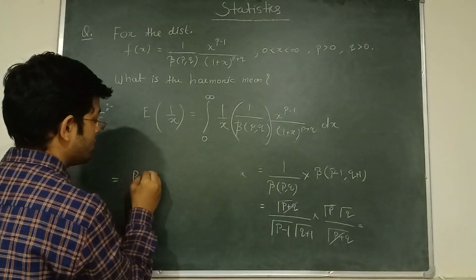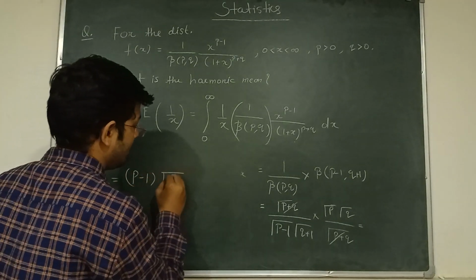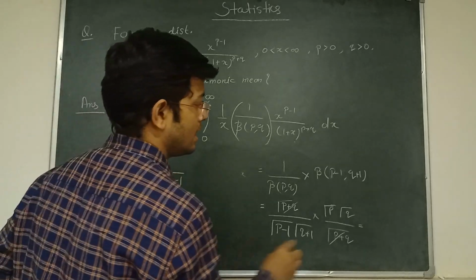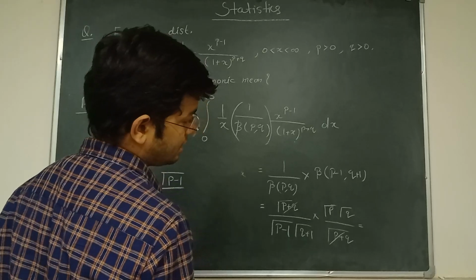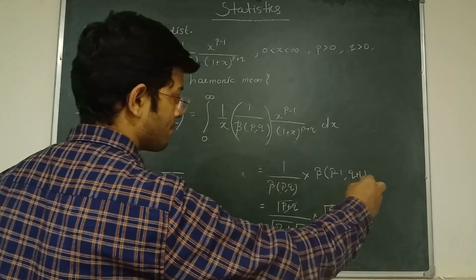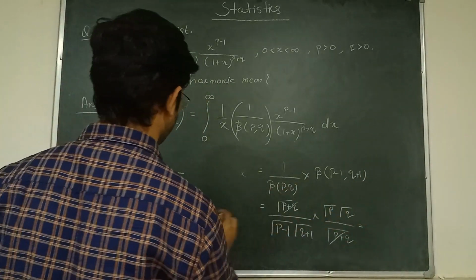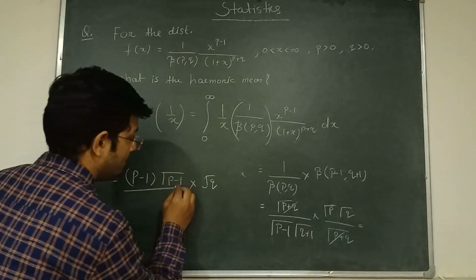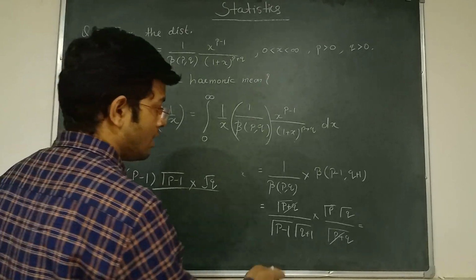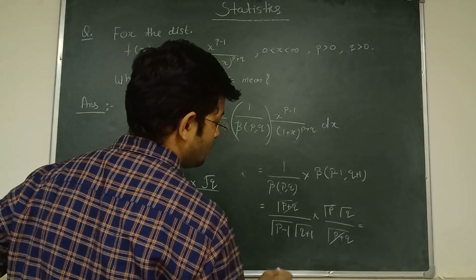This p minus 1 and this p minus 1, and this q, written as, because we are not changing it, and the p minus 1 and the q plus 1.